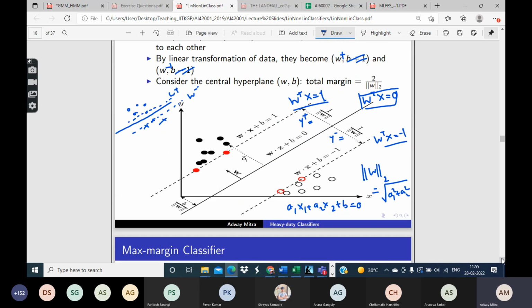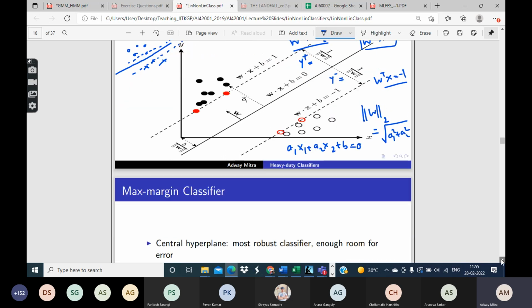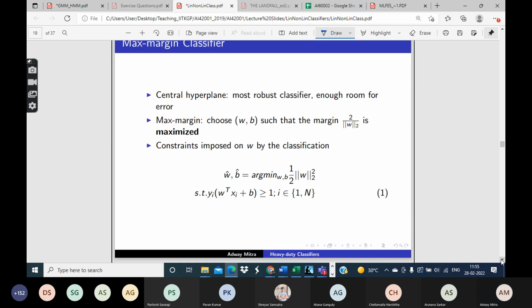Now what I need to do is I need to choose W in such a way that this gamma plus and gamma minus is maximized, because that is what I want to do, max margin classification. So the gamma 1 plus gamma 2 obviously is equal to 2 by the L2 norm of W. So this is the thing that has to be maximized.